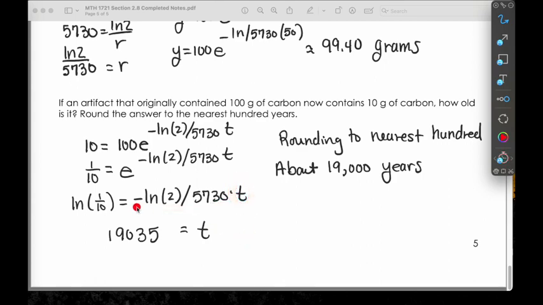So the last step is to divide by what's in front of the t on both sides, and I'm going to get that t is 19,035 years. So according to the question, if we round it to the nearest 100 years, we would put our final answer is that this object is about 19,000 years old.